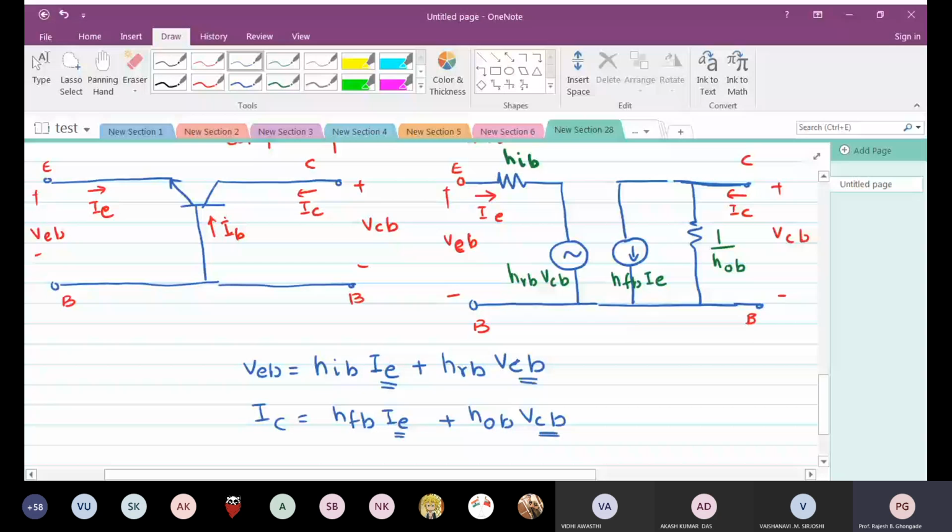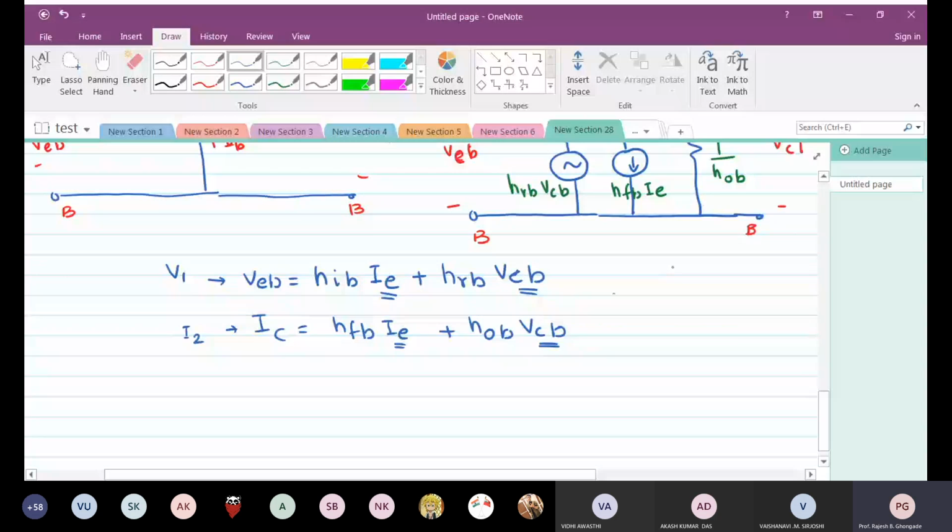All right. The first equation is the input voltage V1. The second equation deals with I2, that is the output current. So these are the two functions which are dependent on IE. Do you remember that? IE is I1.